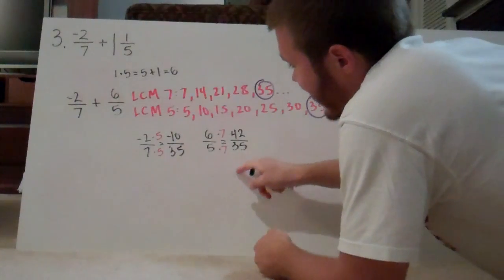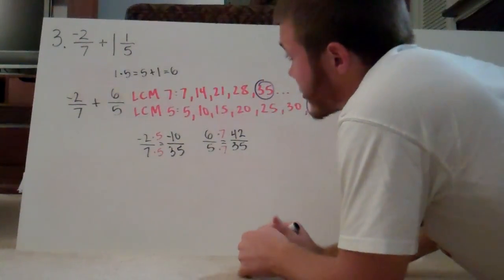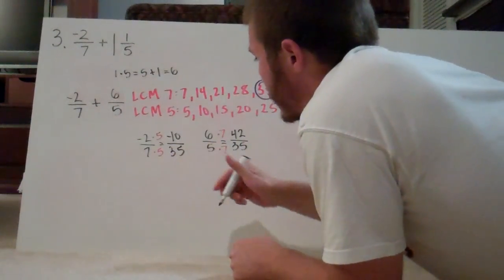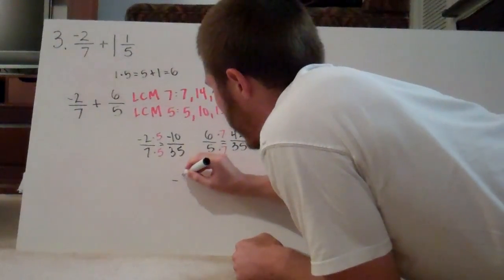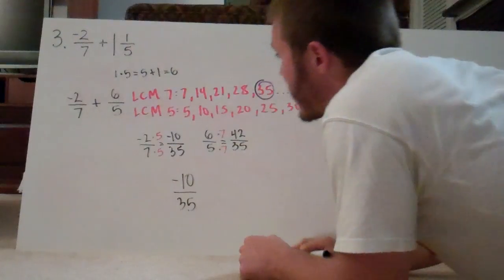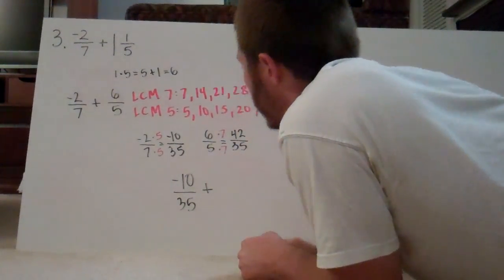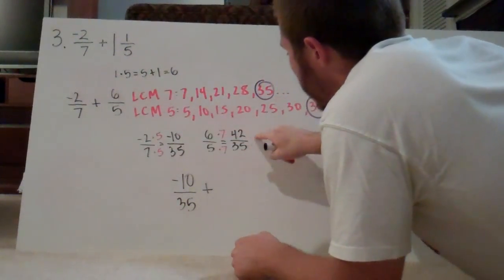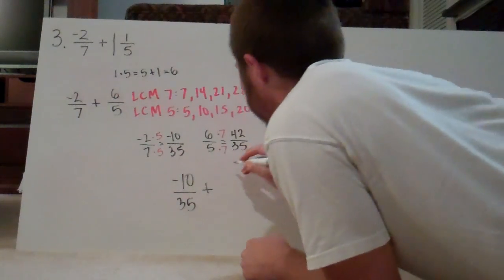Now, I can bring these down and I can add them. So, negative 2/7 turned into negative 10 over 35, plus 6/5 turned into 42/35.